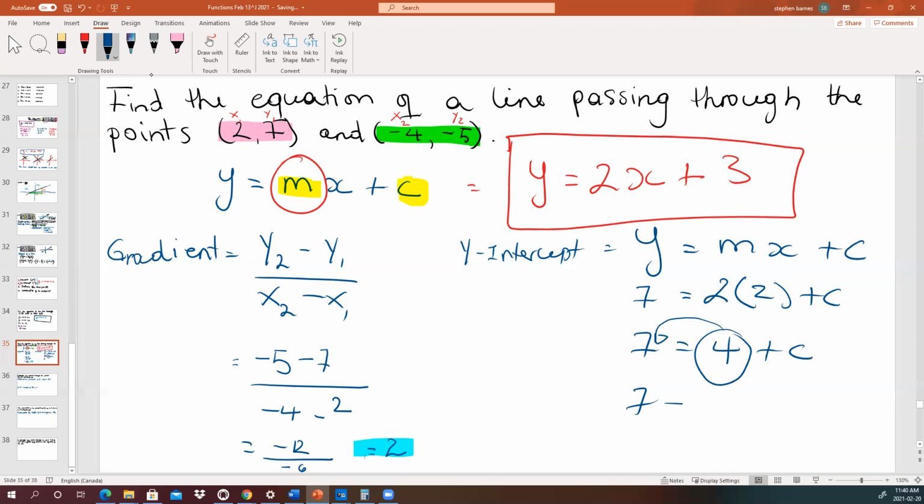It becomes -4 equals c. 3 equals c, which is the same answer. All right? Okay. Any questions for this one? All right, so we can move on to our next question.